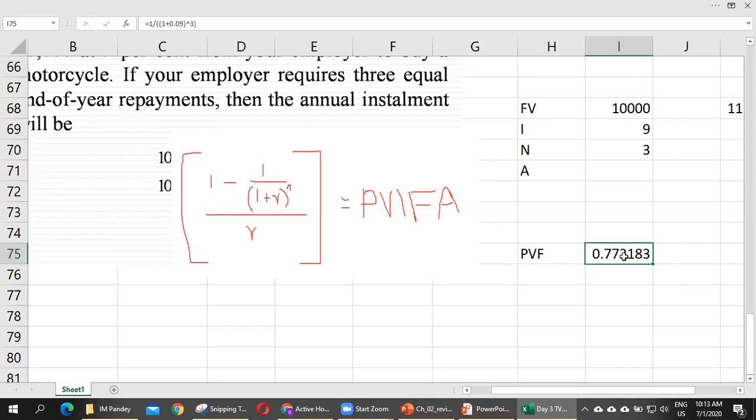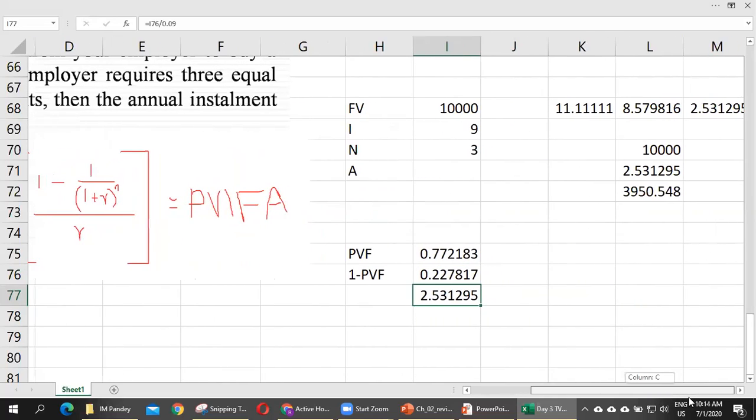Then we deduct from 1, equal 1 minus PVF. Then we divide this value by R, that is 0.09. So 2.53.